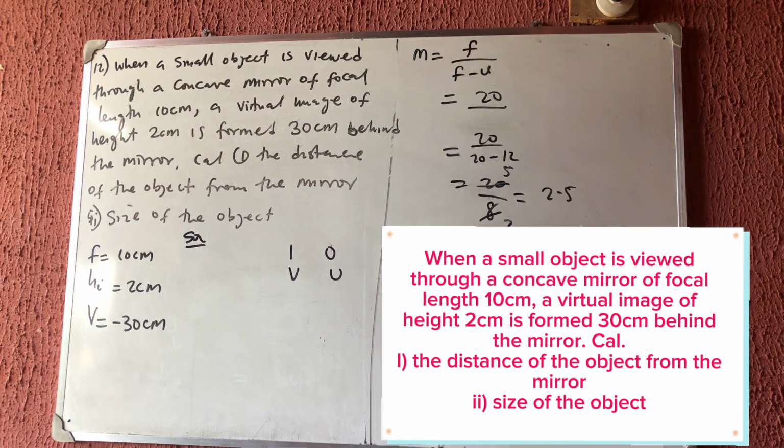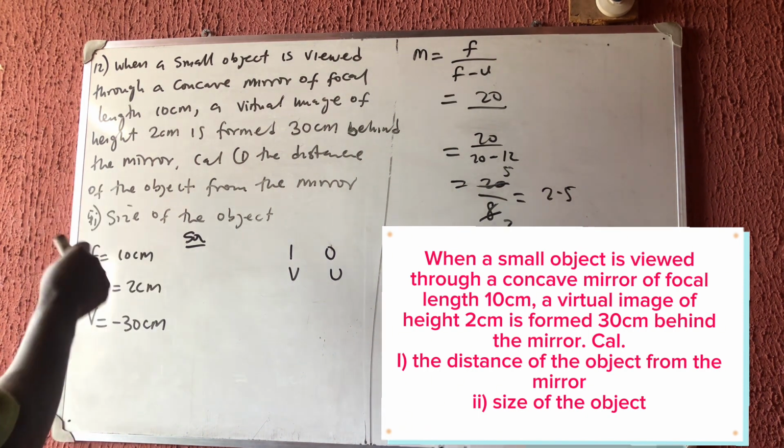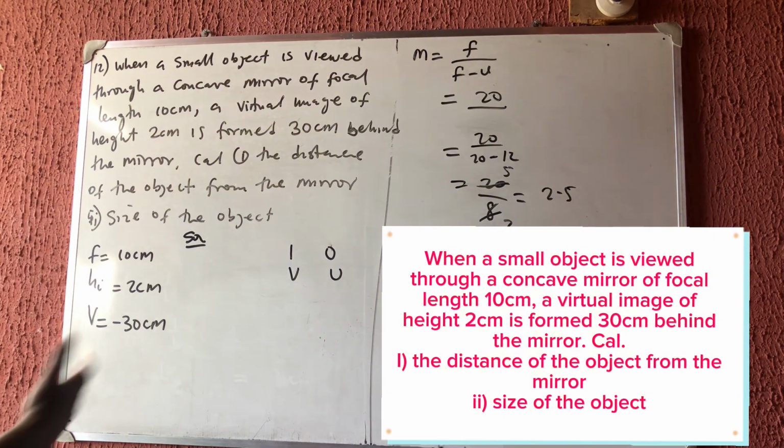Okay. Then they ask for the height of the object and the distance of the object. So we should note our normal formula. Okay, let's use the normal formula.